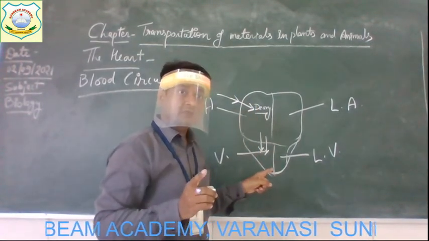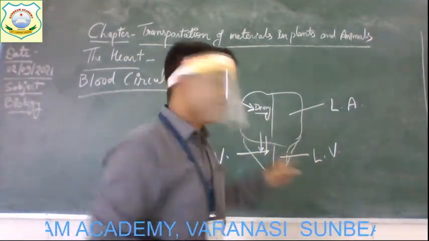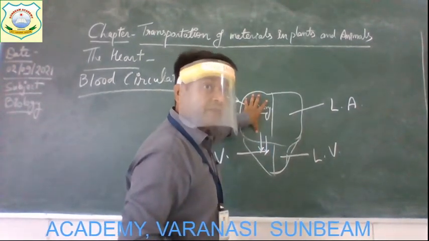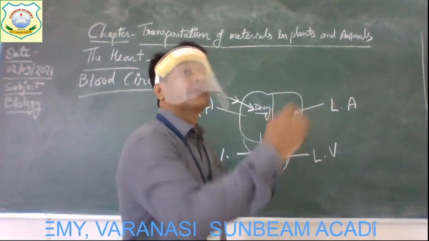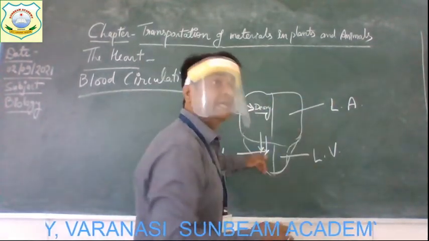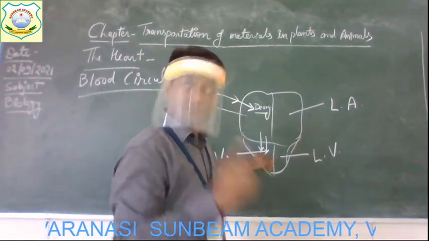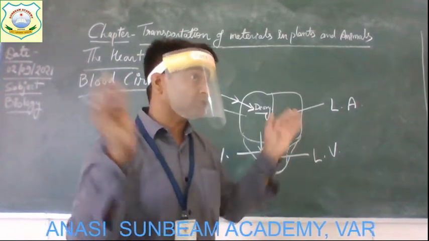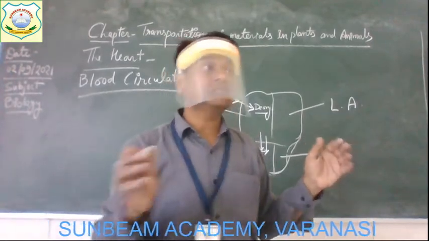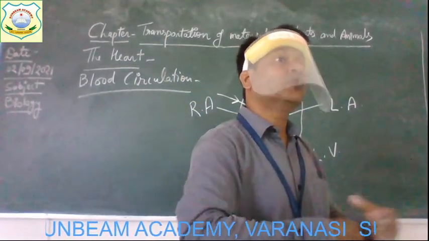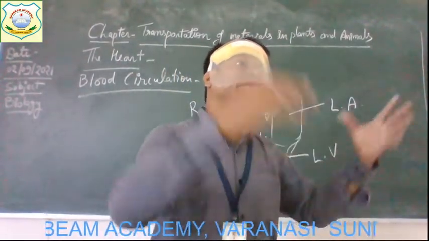At the same time, when this chamber contracts, this chamber will expand, and the blood will collect here. Please understand this contraction and expansion of the different chambers of the heart, because this expansion and contraction plays the role in pumping of blood.